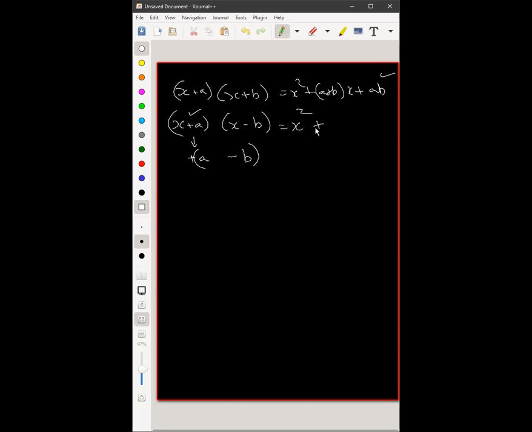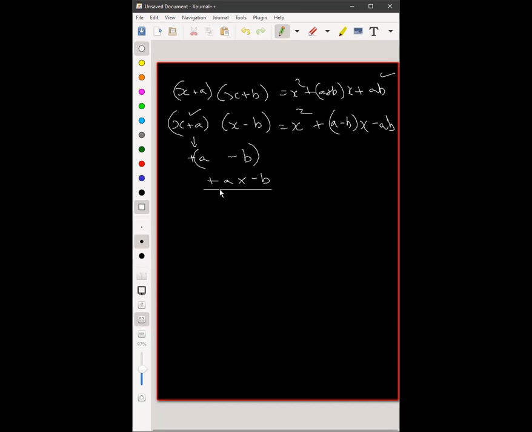So we'll get plus a minus b into x, right? And for the last term, we're getting plus a into minus b. What sign will come? Minus ab. Yes or no?